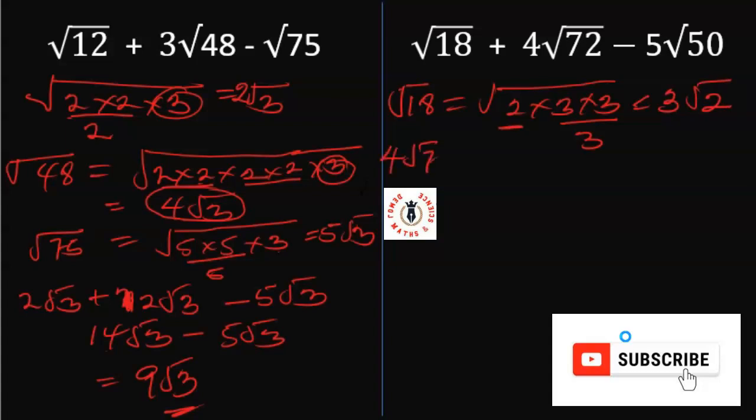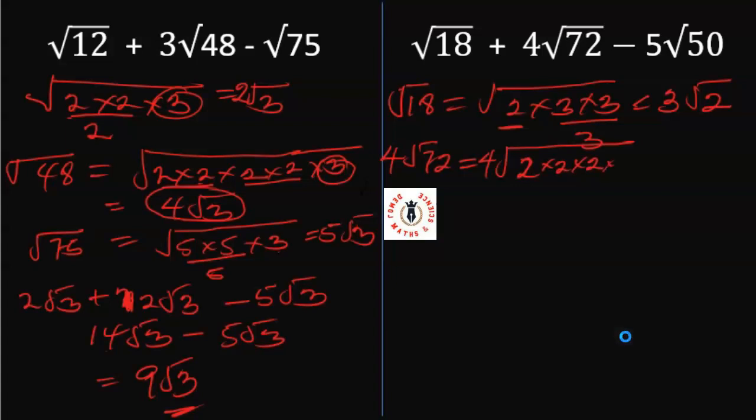Now we have 4 root 72. That's 4 times the root of 72. 72 is 2 times 36, that's 2 times 2 times 2 times 3 times 3, which is 9 times 8, that's 72. If you look closely, you see that this is 2 and I still have 3.